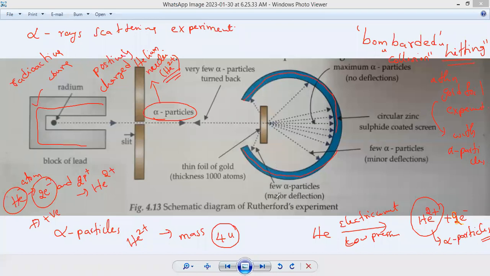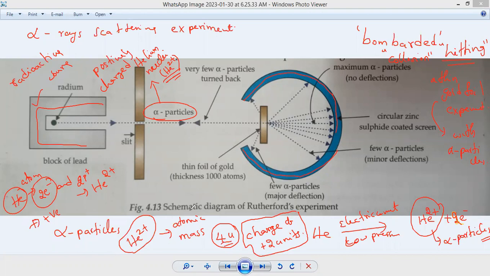Unified mass or atomic mass unit. So what is the atomic mass of the helium alpha particle? 4U. And what is the charge? Charge of +2 units. The mass is 4 units and the charge is +2 units.